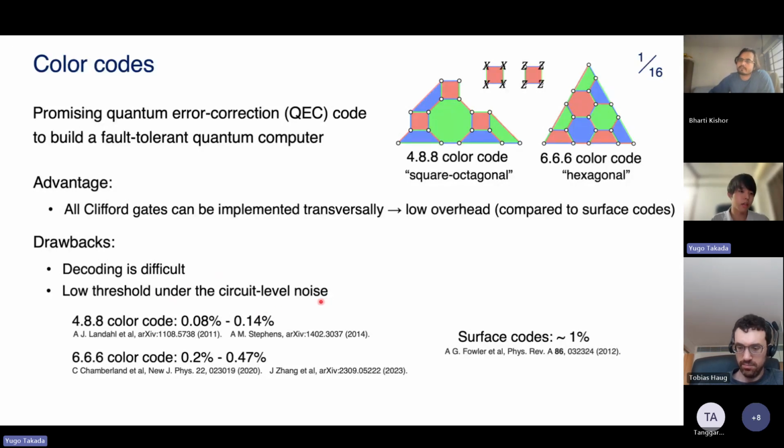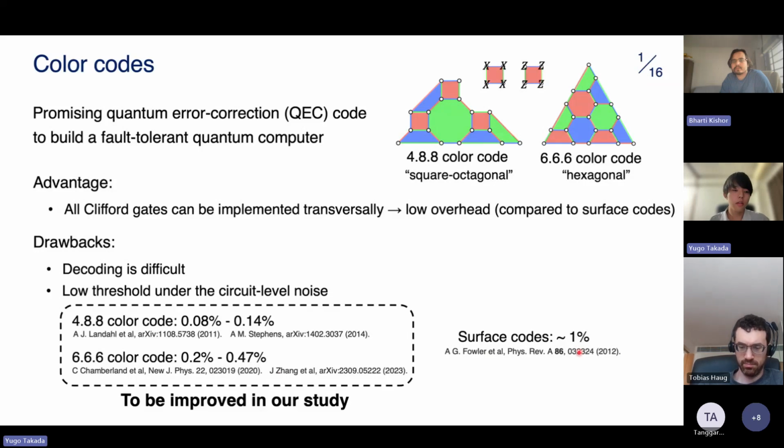Specifically, in the case of the square octagonal color code, the threshold is estimated to be around 0.08% to 0.14%, depending on how we perform error correction. In the case of the hexagonal color code, the threshold is estimated to be around 0.2% to 0.47%, while in surface code, the value is around 1%, which is around one order of magnitude higher than that of color codes.